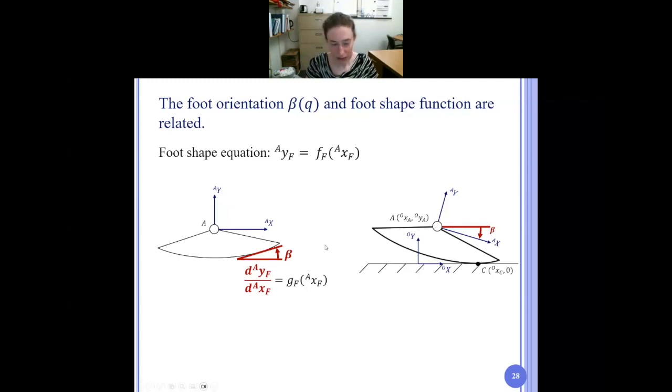So then what we can say, just from a purely mathematical perspective, is that for any point along the foot, this foot shape is going to have some slope, and it's simply the derivative of y with respect to x. And for later use, we're going to call this derivative g.